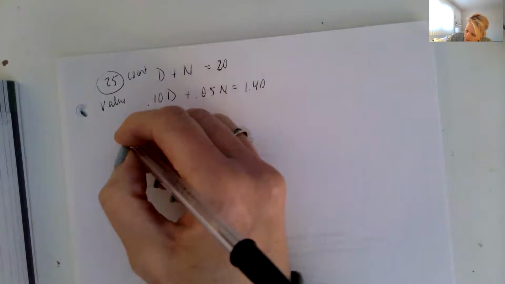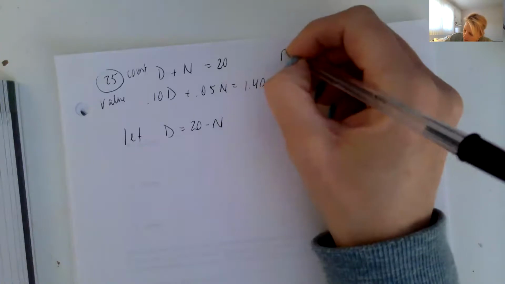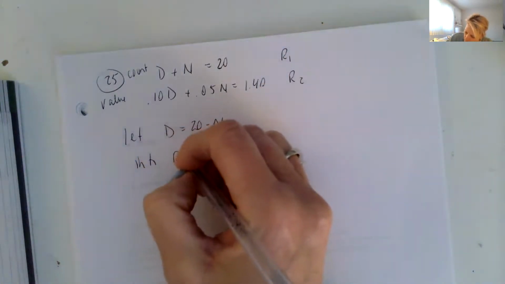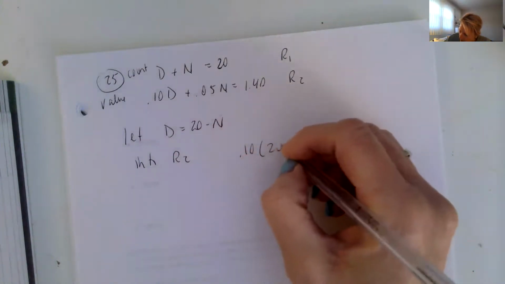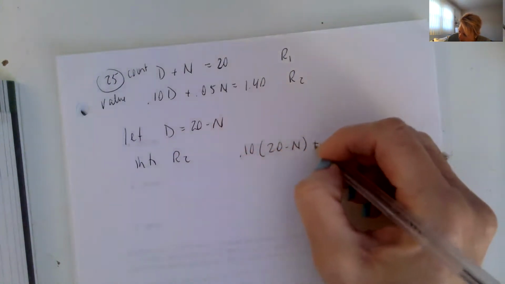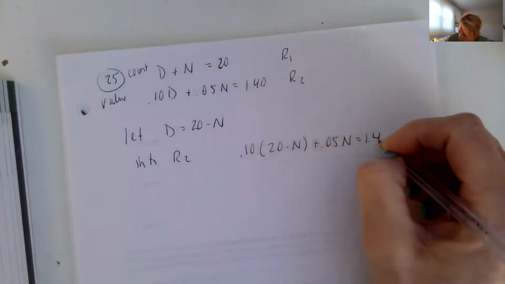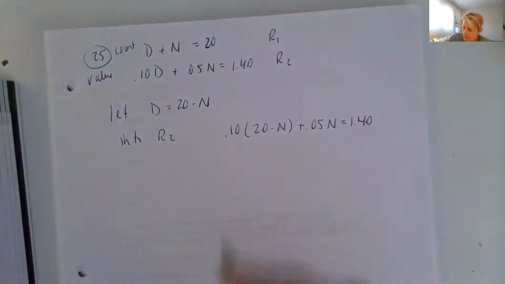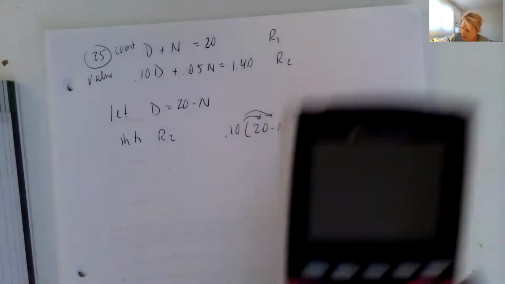And so I'm going to say let D equal 20 minus N. And that's my row 1 and my row 2. And then I'm going to put that into row 2. So 0.10, instead of D, I'm putting 20 minus N plus 0.05 N equals $1.40. And we're going to distribute here.